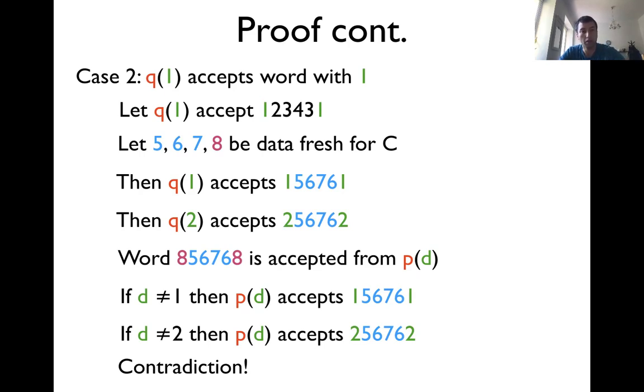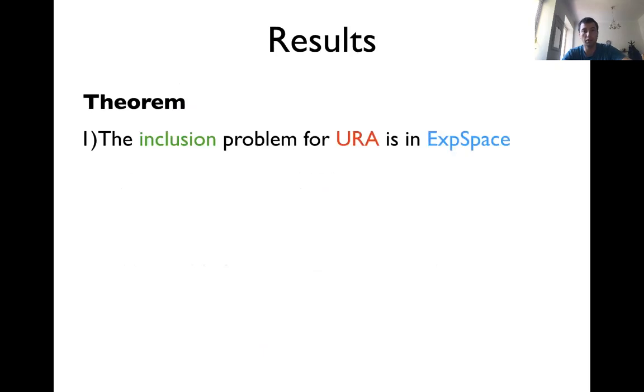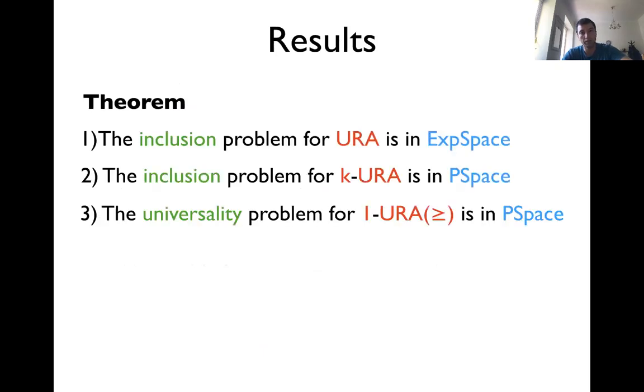So let's summarize. So let's come back to our results. These three results were shown by use of this technique, which I have presented to you, a bit generalized, and in the case of 3, you have to do more smart tricks in order to show it, and in case of 1 and 2, you have to add some other theory about Ramsey numbers and so on, but it's based on the trick which I have shown you.